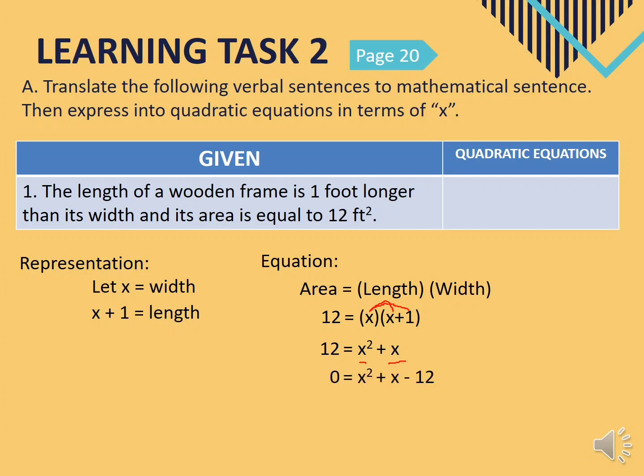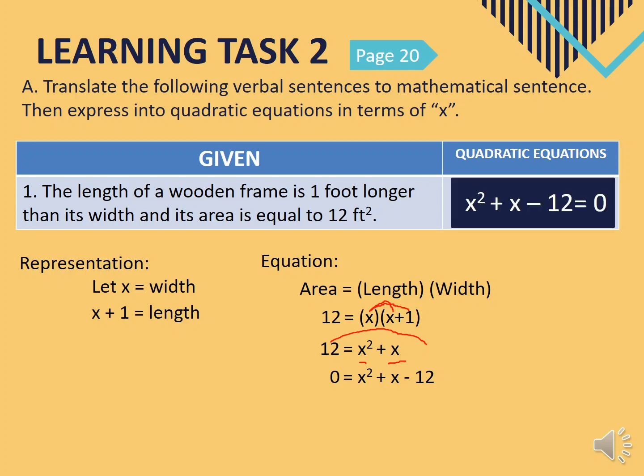So, that will be equal to x squared plus x. Positive 12 becomes negative 12, kasi tinranspose natin sa other side. So, we have 0 is equal to x squared plus x minus 12. Or, we can say that x squared plus x minus 12 equals 0 is the mathematical sentence or quadratic equation of our given verbal sentence.